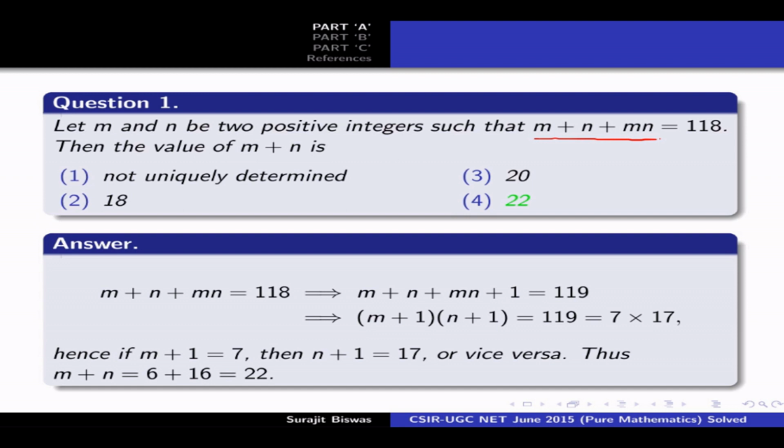The factorization would be (m plus 1) times (n plus 1) equal to 119, and that is the product of 2 primes, 7 and 17. Hence if m plus 1 is 7, then n plus 1 is 17, or vice versa. Thus m plus n equal to 6 plus 16, that is 22. Next question.